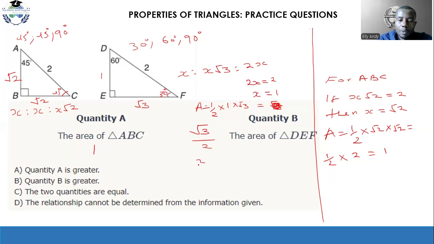And root 3 is approximately 1.7 something divided by 2. It will definitely be less than 1. So quantity B is less than 1. So the conclusion is that quantity A is greater than quantity B. So these are some of the ways that triangle properties are tested in the GRE.